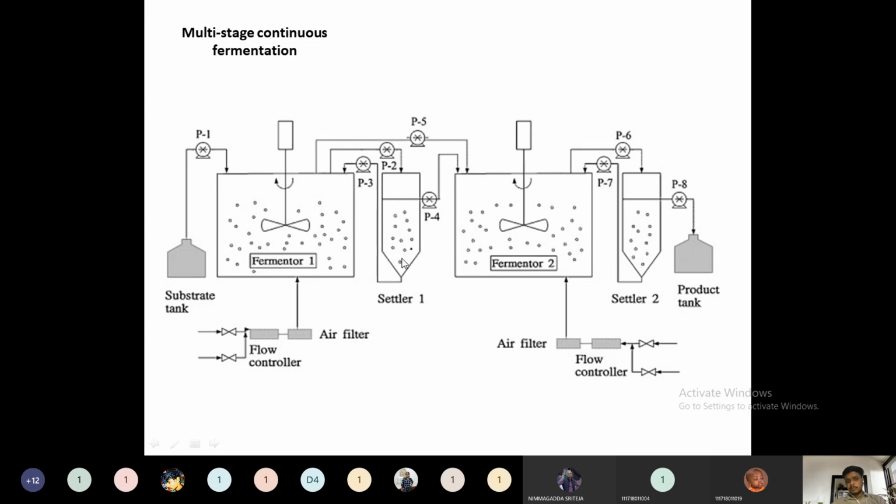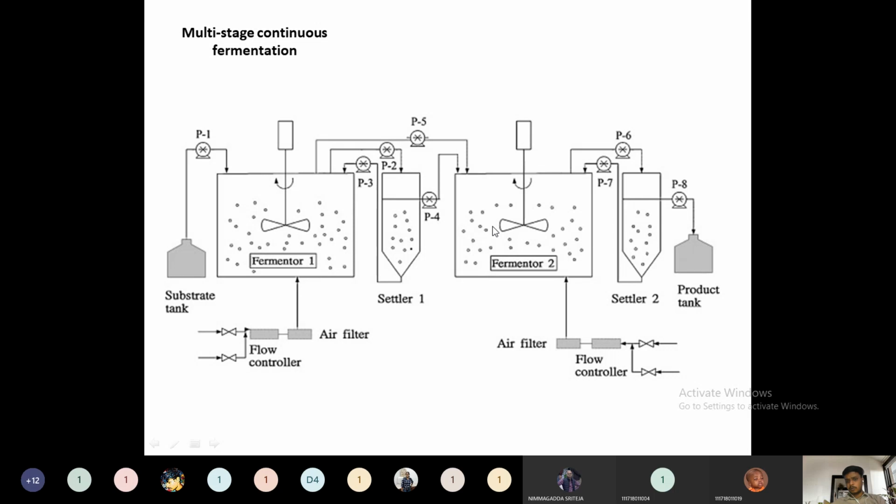In between there is a settler, which is a sedimentation process in which the useful product is collected out, some unused product is sent back to fermenter 1, and the remaining portion is sent onward.